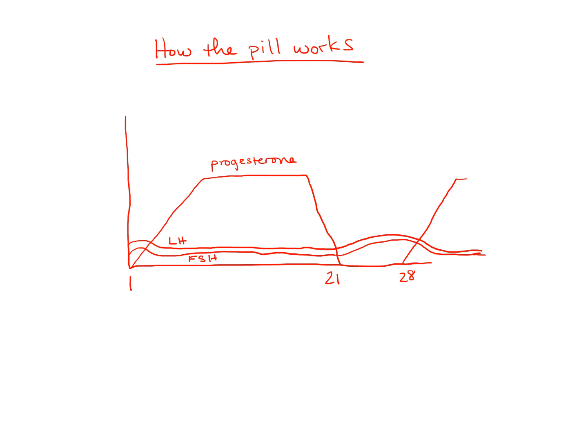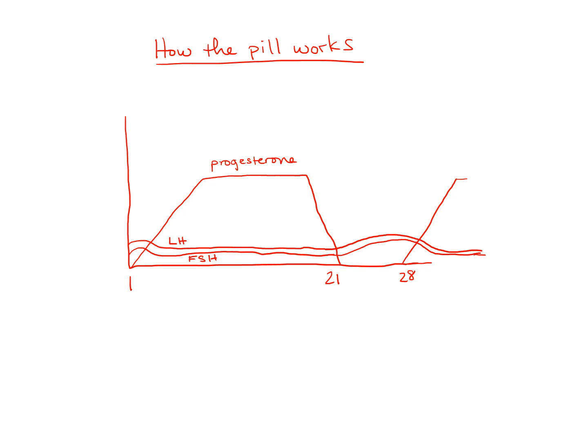So when you're taking the pill, maybe we have one that just contains progesterone. So on day 1, you start taking the pill and you're just taking progesterone, and so you end up with these high levels, well, relatively high levels of progesterone. And those high levels of progesterone, remember, have a negative feedback effect.